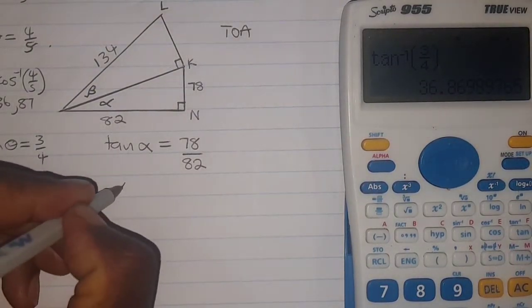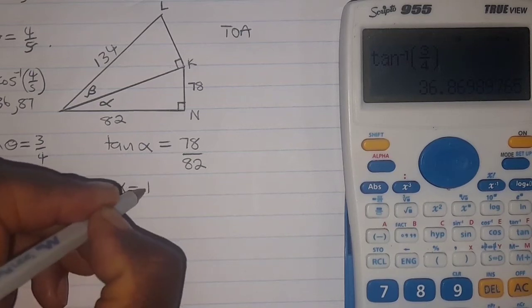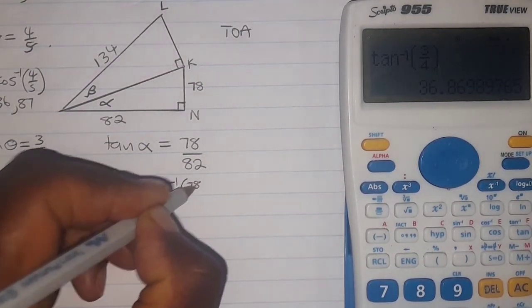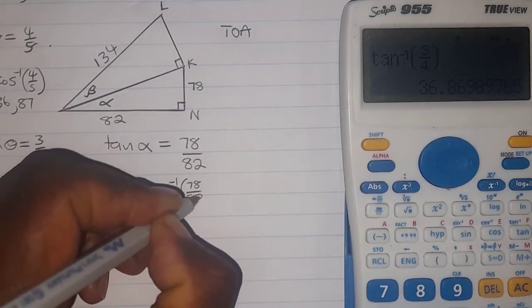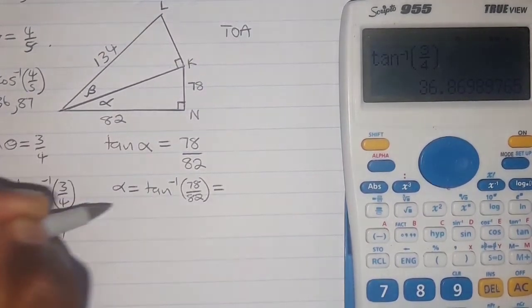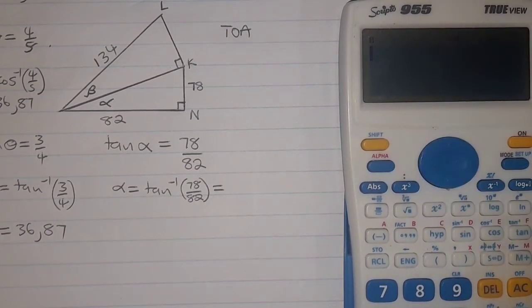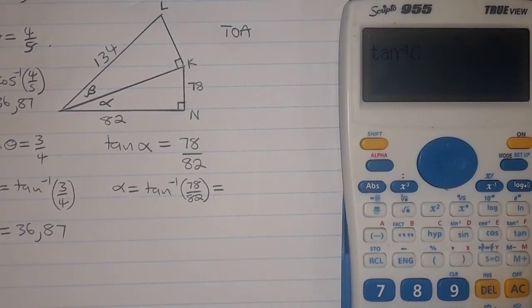So our alpha then is equal to the inverse of tan 78 over 82. This is equal to what? Go to second function, tan 78 divided by 82 in that bracket.